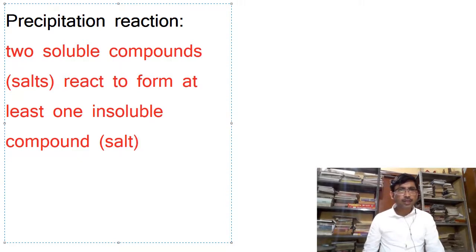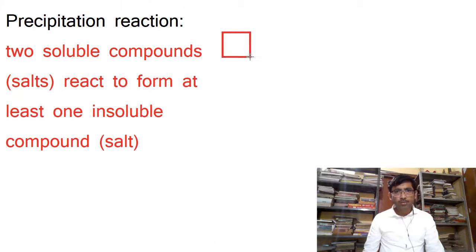Okay, so say we have two soluble compounds here like this, and say they are having some ions.